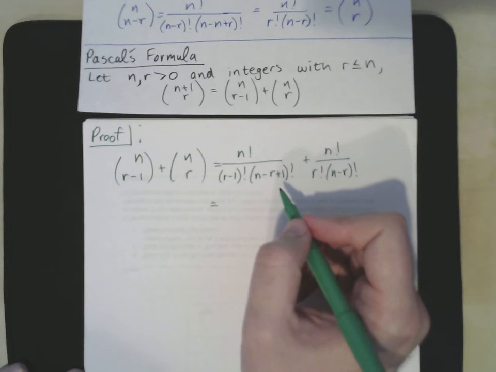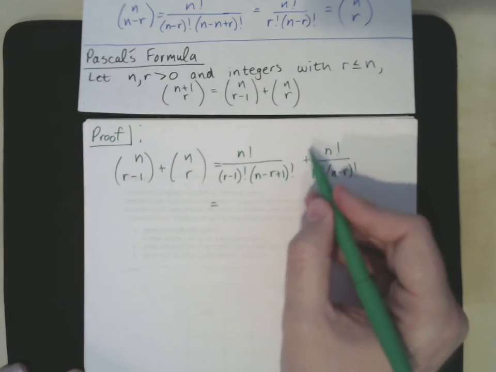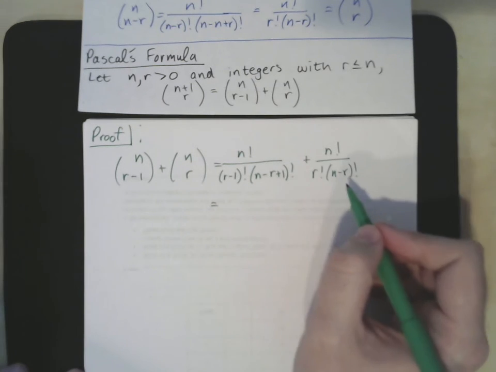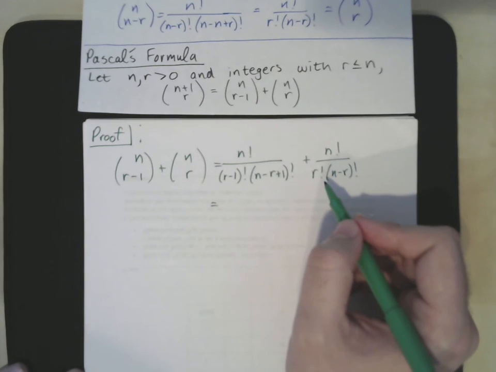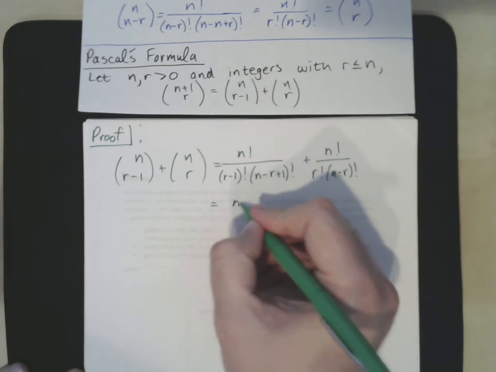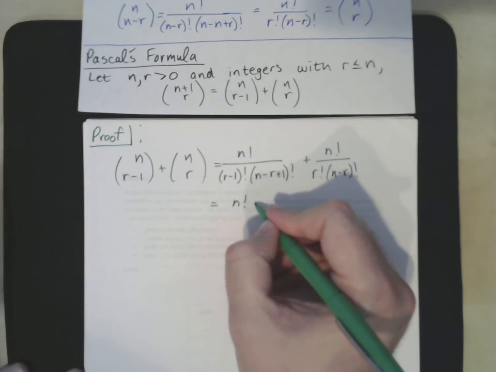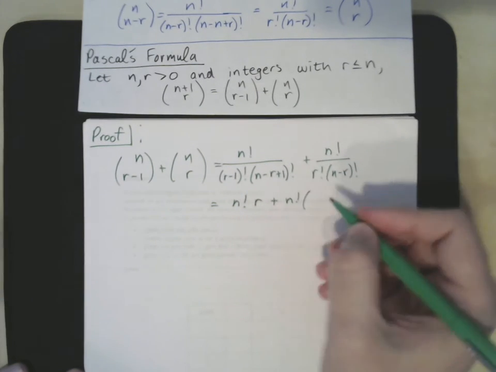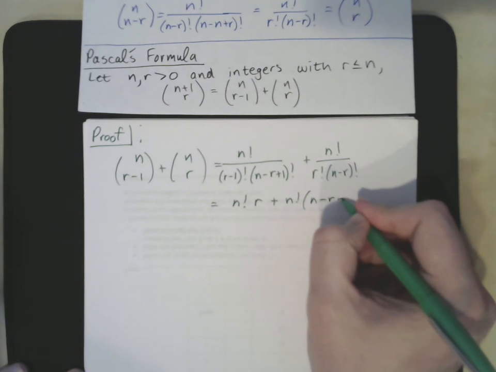So this piece and this piece, while similar, we're going to make them the same by getting a common denominator. So this is n factorial times r plus n factorial times n minus r plus 1.